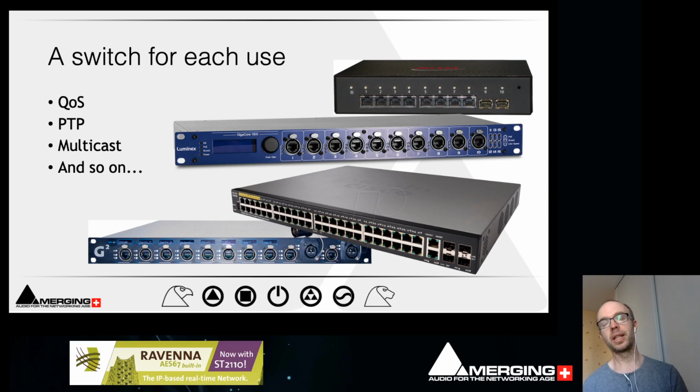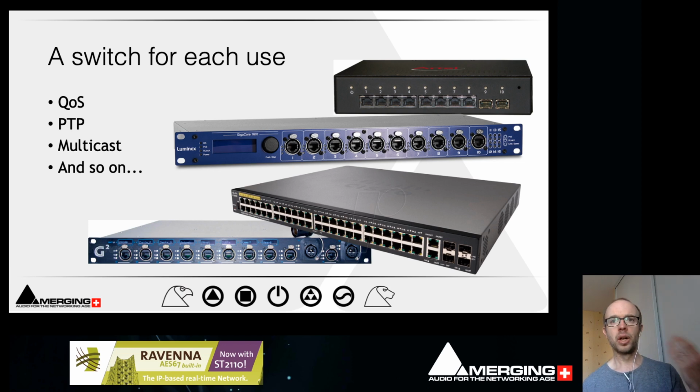And let's define the lower tier. So the lowest tier of switches that are really good with using AES67 are the Cisco SG350 or those switches from other manufacturers that are in the same price range.